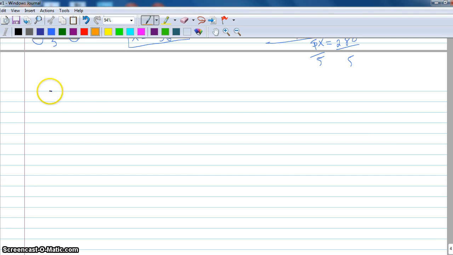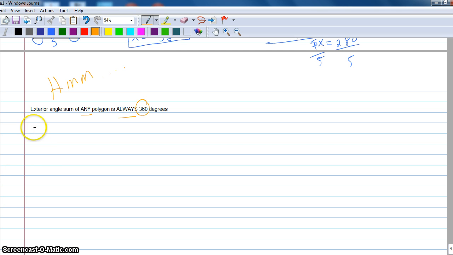I almost finished the video without telling you something very important. How many degrees are on the exterior of a polygon? The exterior. We did the interior. How about the exterior? Well, the exterior angle sum of any polygon is always 360 degrees.